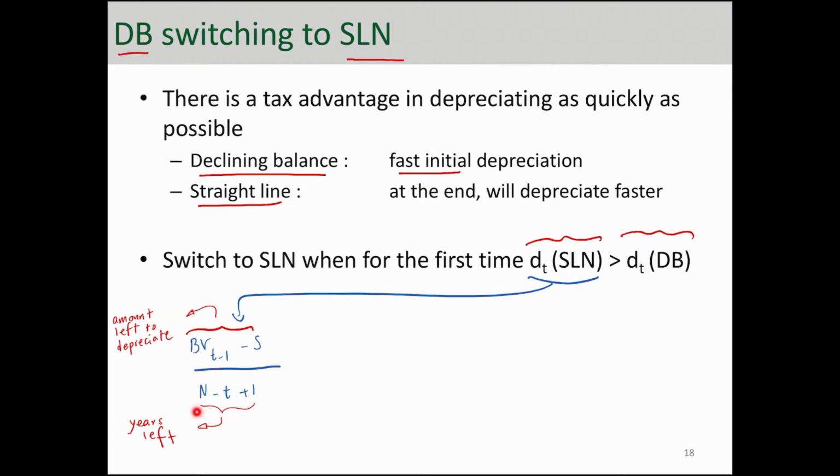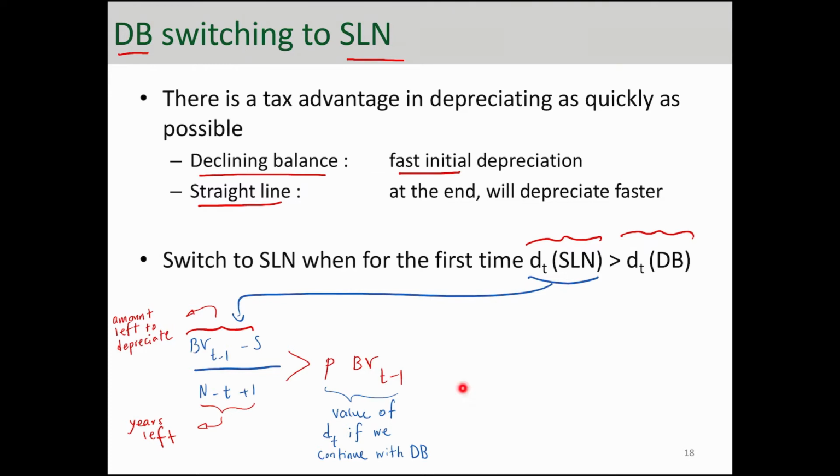So this is the depreciation of straight line method at any year. If that turns out to be bigger than depreciation of declining balance, which is percentage times book value of previous year, then you have to make that switch. That's the optimal point to switch from declining balance to straight line method.